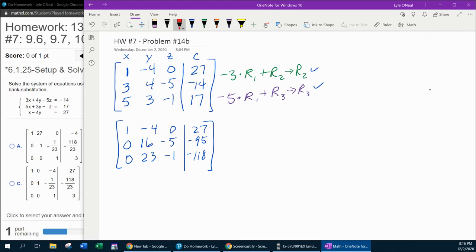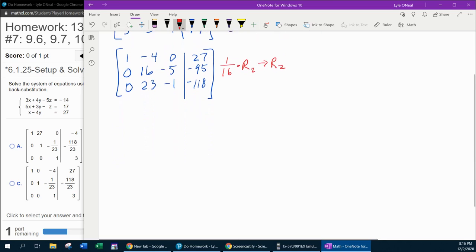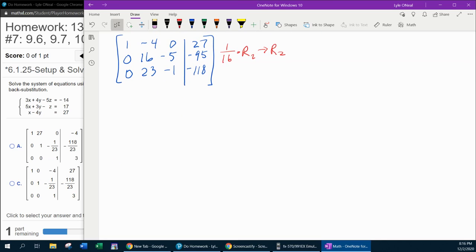Well, we're going to multiply row 2 by the reciprocal of 16. So we're going to multiply row 2 by 1/16. And that'll produce a new row 2. Notice I'm only going to change row 2 this time. Row 1 and 3 will stay the same.